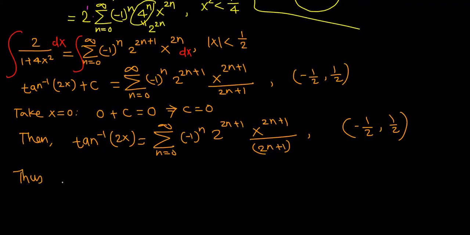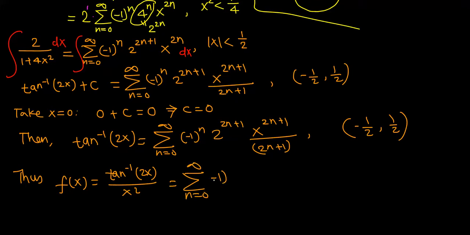Thus our function, which is tangent inverse 2x over x squared, means we divide this power series by x squared, or equivalently we multiply by 1 over x squared. So that works with this, n from 0 through infinity, (-1)^n, 2 raised to 2n plus 1, and I can write this 2n plus 1 anywhere, that's on the bottom, so I'm going to write 2n plus 1 here. Now we are dividing by x squared or multiplying by 1 over x squared.